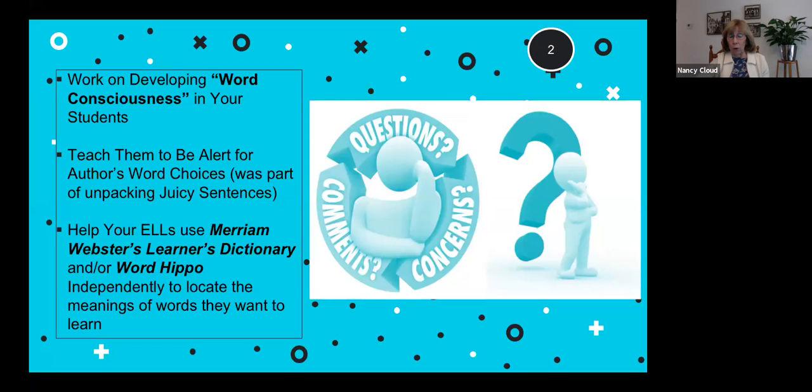How you work on getting them to notice authors' word choices. Anything there that people want to speak about, this concept of word consciousness. We'll leave a minute more of silence and then we'll move on.